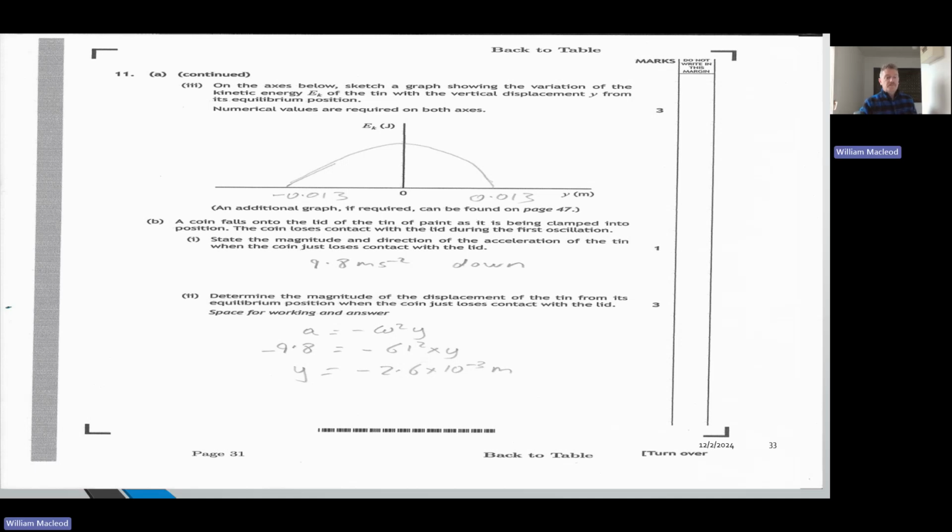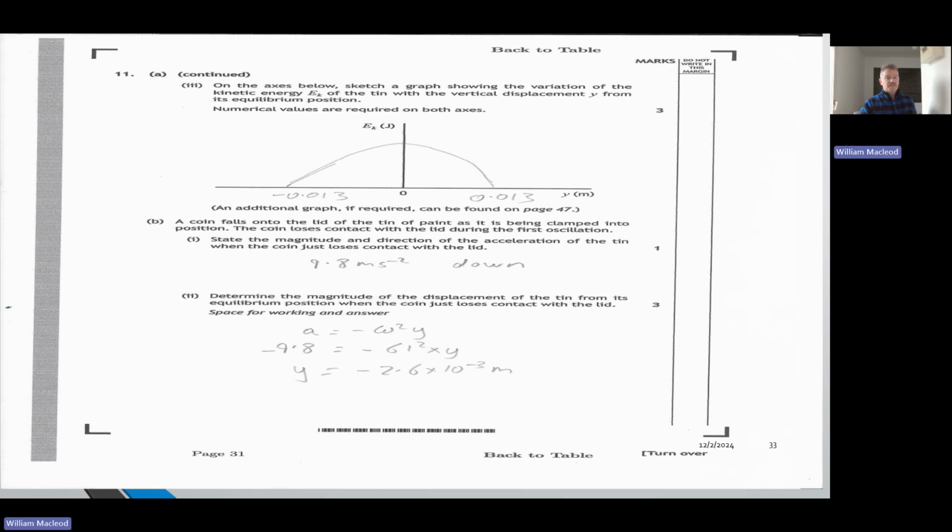So you've got negative 0.013 and positive 0.013 as the displacement. And when it gets to the maximum displacement, the kinetic energy is at a minimum, potential energy is at a maximum. So you draw the graph, and we've shown it there, with the minimum kinetic energies at 0.013 either side of the equilibrium position.